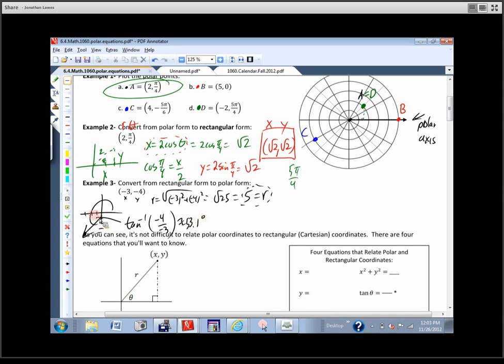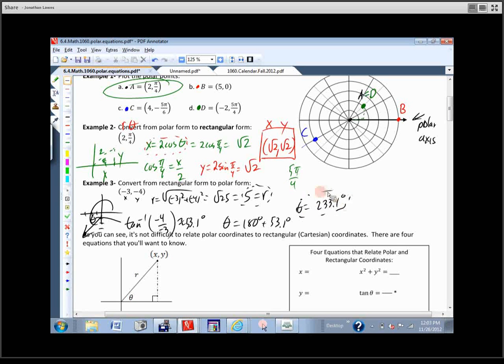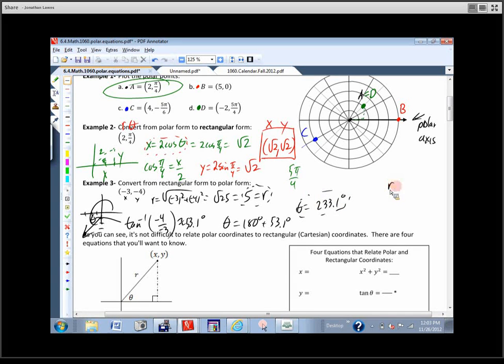Is that the answer? It's not, because remember, that gives us this angle right here. That gives us a reference angle. So in order to find the theta we're after, again, we adjust from the negative side of the x-axis, the 180 degrees, and we're going to add 53.1 degrees. So we end up with theta equals 233.1 degrees.